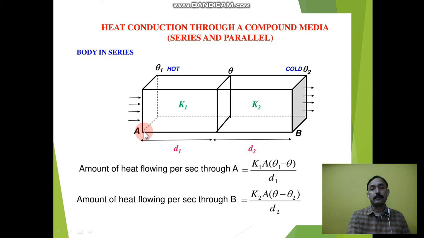Now the width will be d1 plus d2, the cross-section area will be A, and the equivalent conductivity is say K. Then from the definition of thermal conductivity, Q by T, the heat flowing per second, is equal to K A (θ1 minus θ2) by (d1 plus d2).